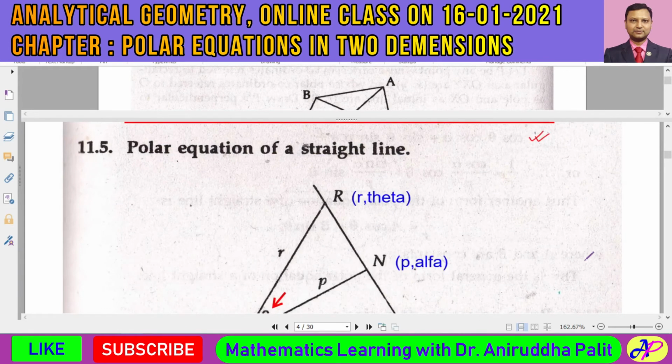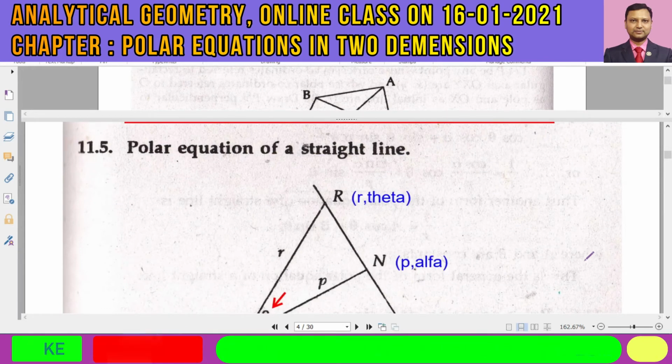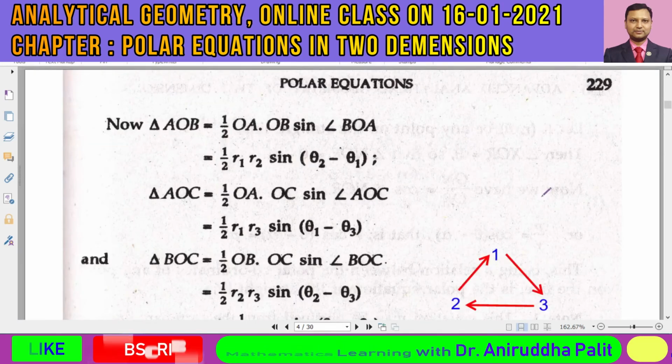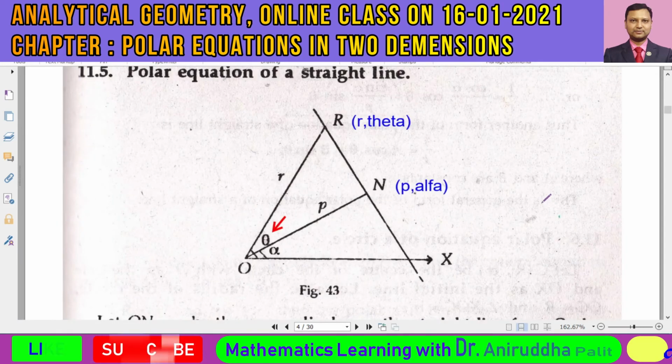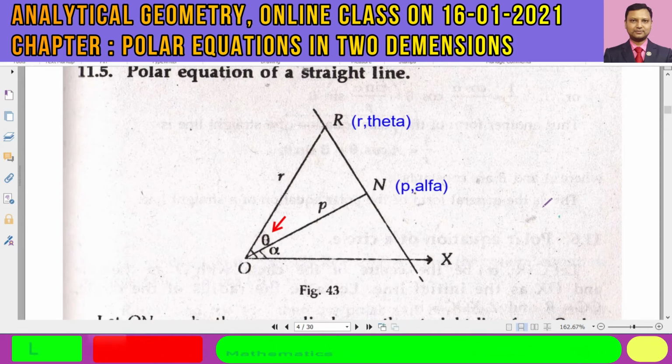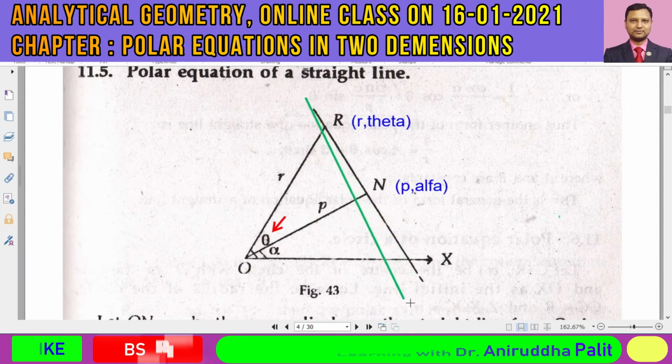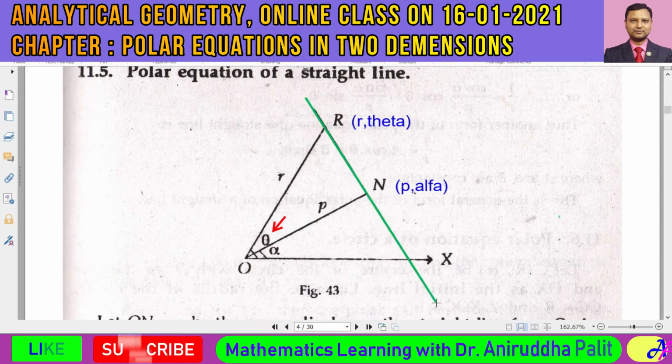Now let's move to the next idea. That would be the equation of a straight line, the polar equation of a straight line. Suppose we are interested in finding this kind of straight line.